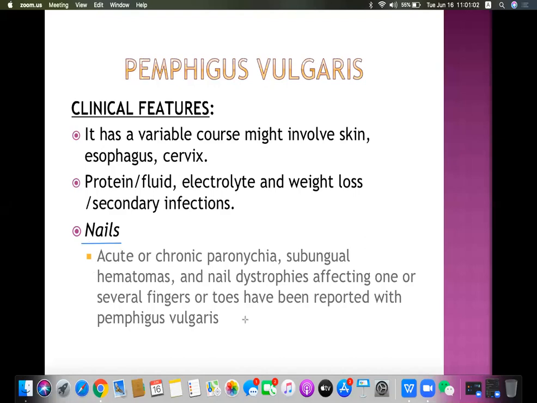Now this nail, okay, there is acute or chronic paronychia, subungual hematoma, and nail dystrophy, which affect one or several fingers or toes, and these have been reported with Pemphigus vulgaris. So there is affection of the finger. This finger may be infected, which is called paronychia. There is deposition of blood clot, subungual hematoma, and nail dystrophy.